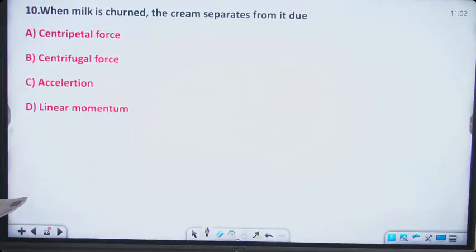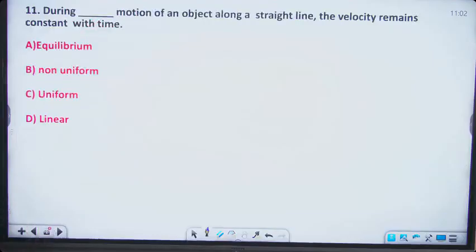When milk is churned, the cream separates from that one due to, is it? Yes, centrifugal force. Then, during dash motion of an object along a straight line, the velocity remains constant with respect to time.